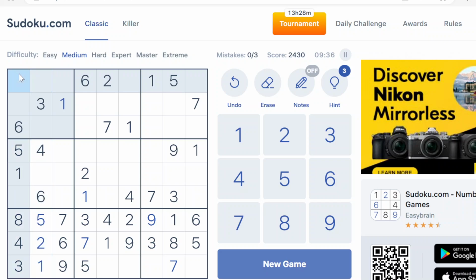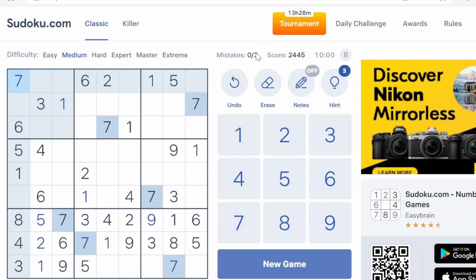Okay, so if 7 is here, then 7 has to be here. But if 7 is here, then 7 has to be here, but it can't be here because this is already 7. So I think this box is 7.